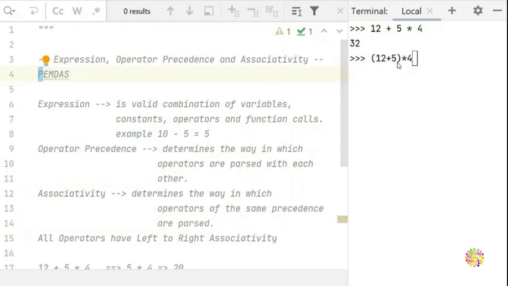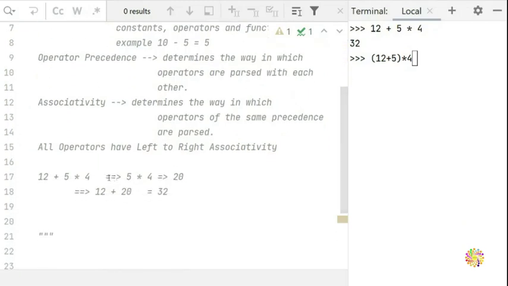Otherwise, if you do it the way I did here, you're going to get 32.